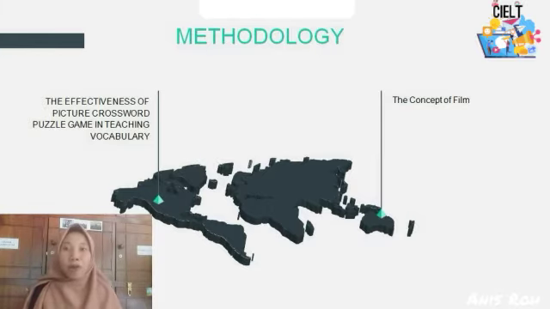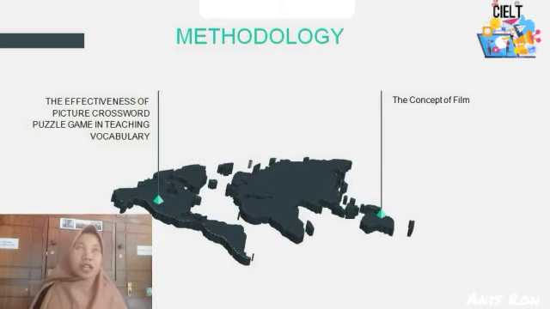And the next is the concept of film. Maybe there are English films on television and by YouTubers or on social media and so on. There is the concept of film because in a film there is action, there is communication with other people, with different accents, maybe American, British, Australian, and every person has their own accent. And if you want to speak in English, it's more about the concept of vocabulary, and there is some unique vocabulary we didn't know the meaning of in the film.